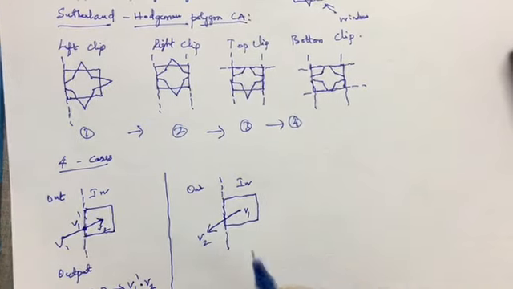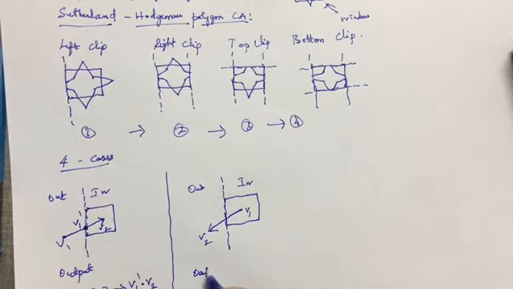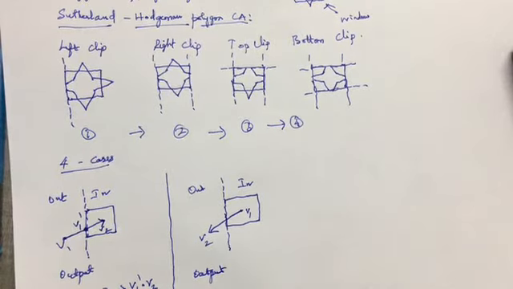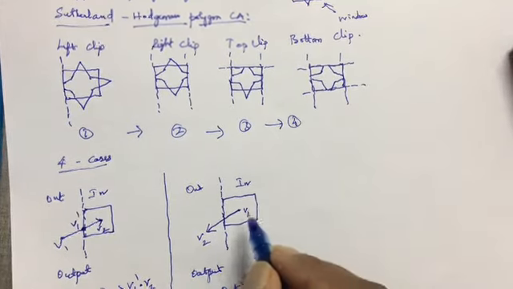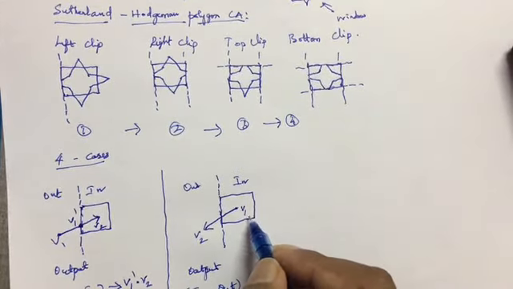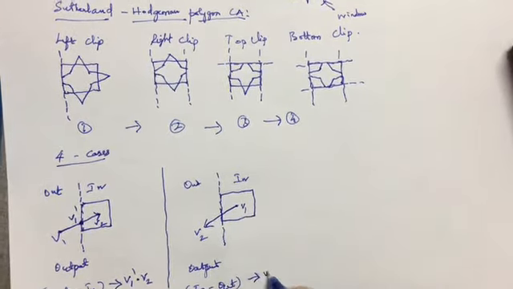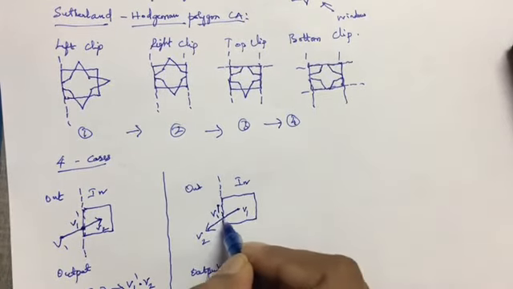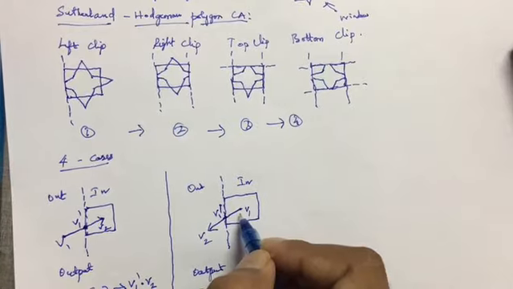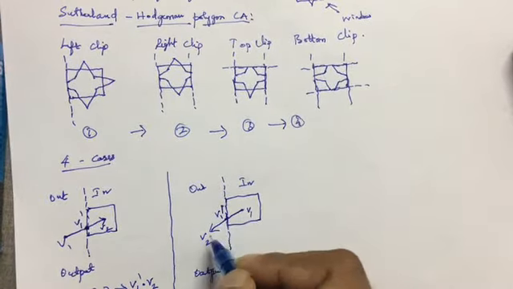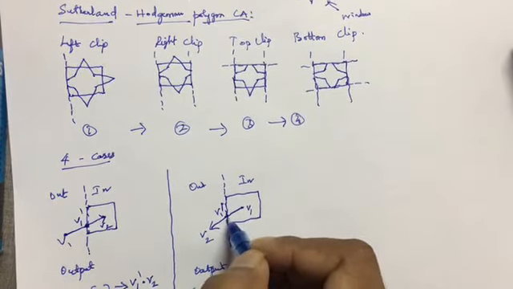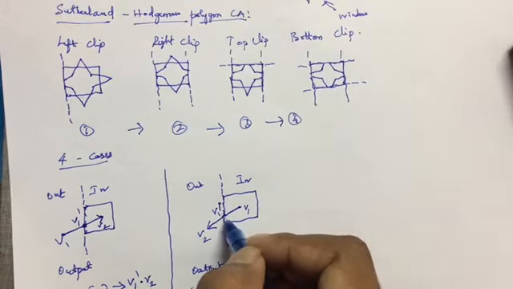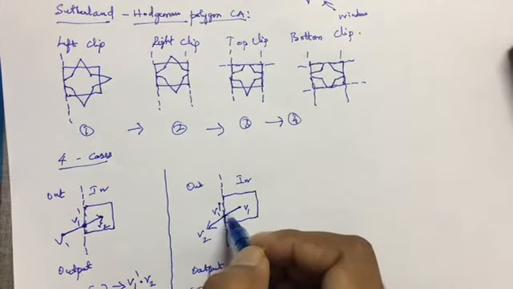The output will be from in position to out position, and the point is V1 dash, the intersecting point between the origin and V2.